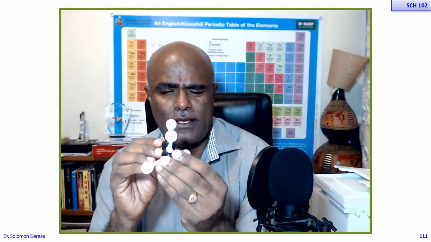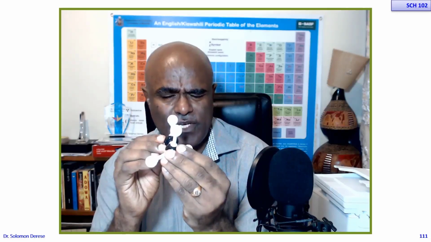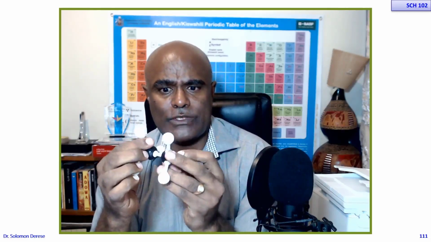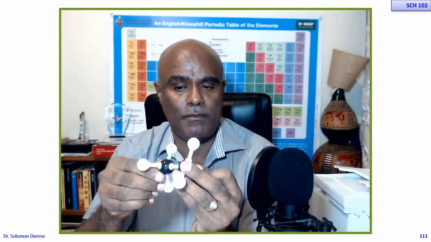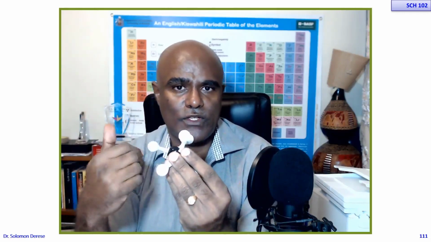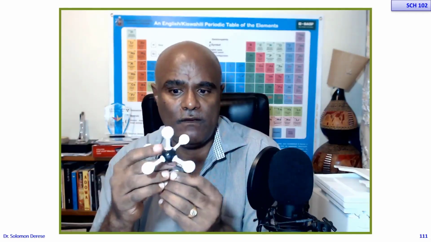The least stable of all these conformations is the eclipsed conformation, where the electrostatic repulsive force between the electrons of this carbon-hydrogen bond and this carbon-hydrogen bond is maximum. The staggered conformation is the most stable, where the electrons of the corresponding carbon-hydrogen bonds are very far apart from each other.